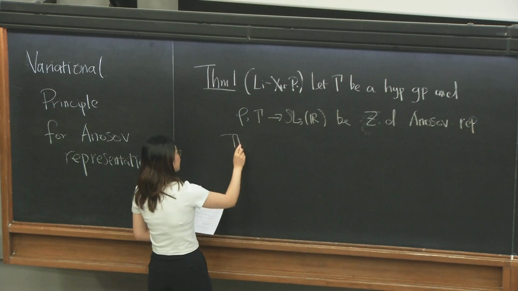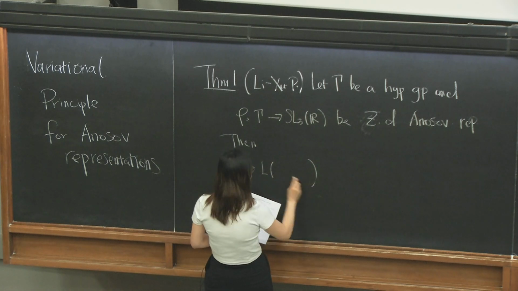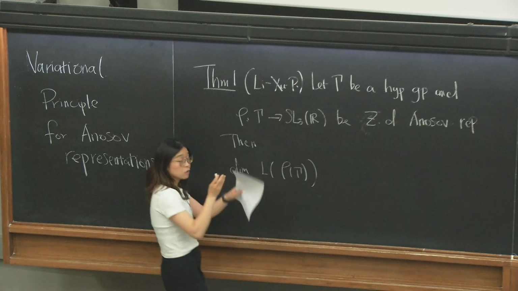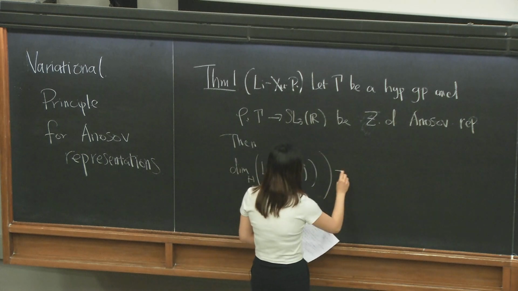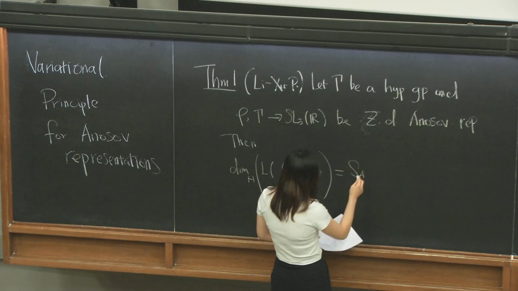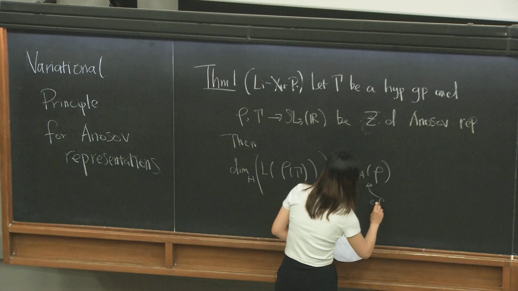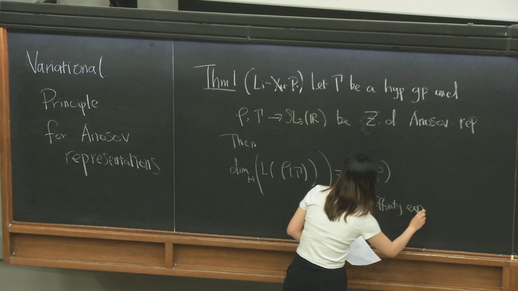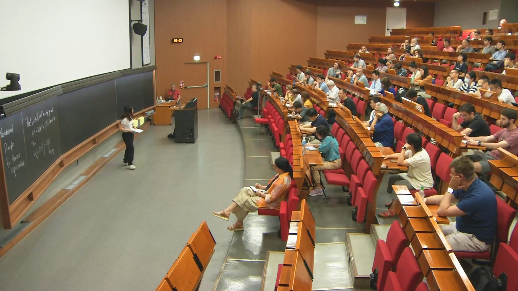The conclusion is that now we consider the limit set in PR3 and compute its Hausdorff dimension with respect to the Euclidean metric. It equals the affinity exponent of the group. Okay, so this is the main theorem.